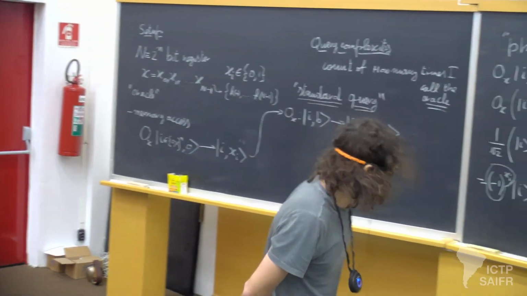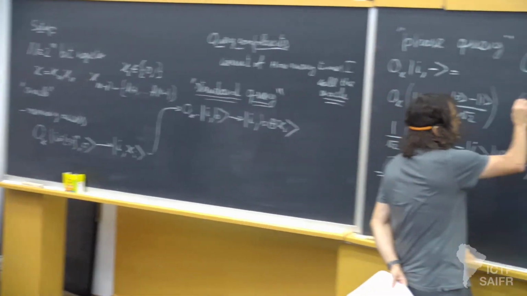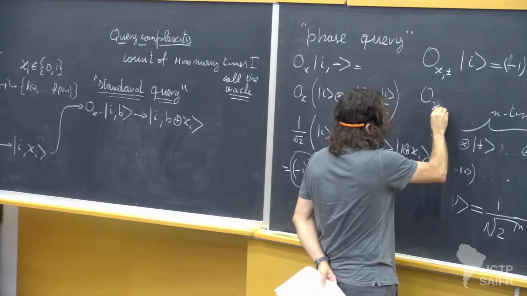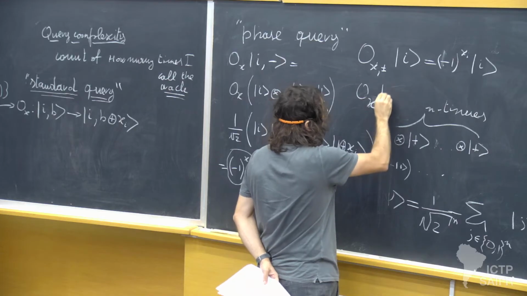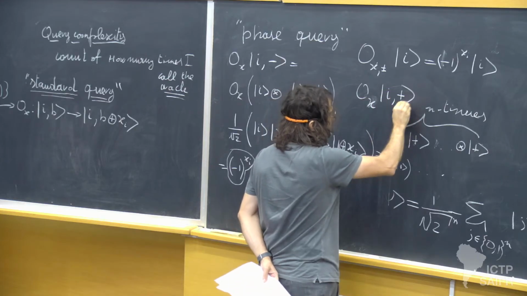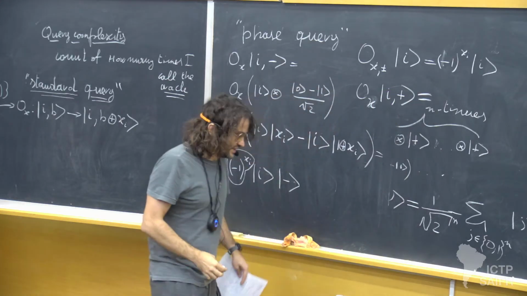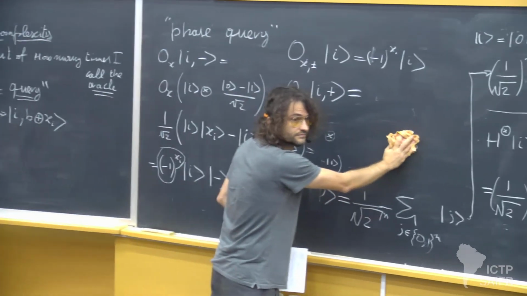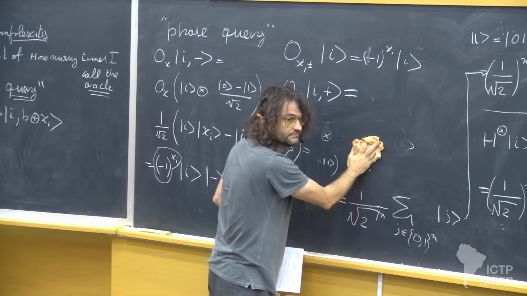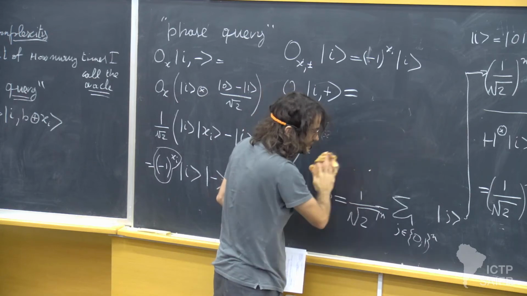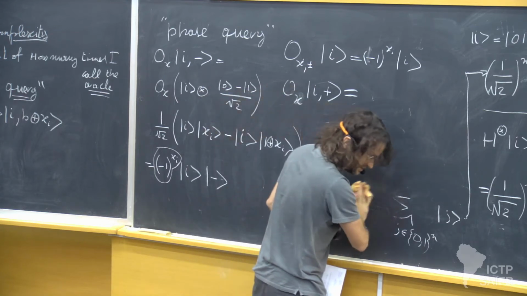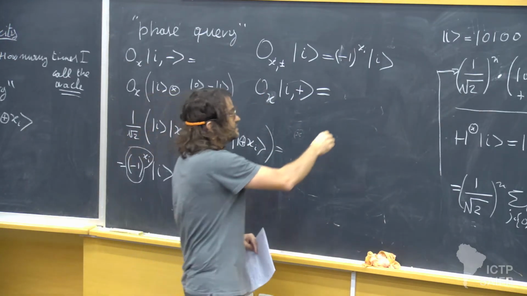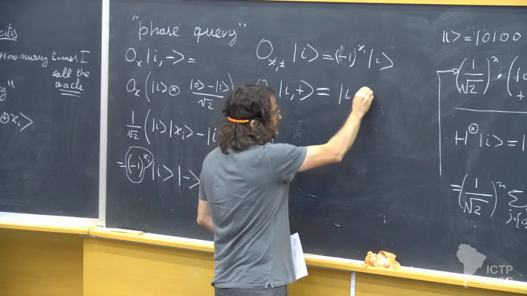Good exercise. What is OX acting on |i>|plus>? Somebody knows already the result? No, yeah, okay. This, you are telling me how to compute, and it's a good answer. If you do the computation, it's a very simple exercise, you will see that this becomes |i>|plus>.